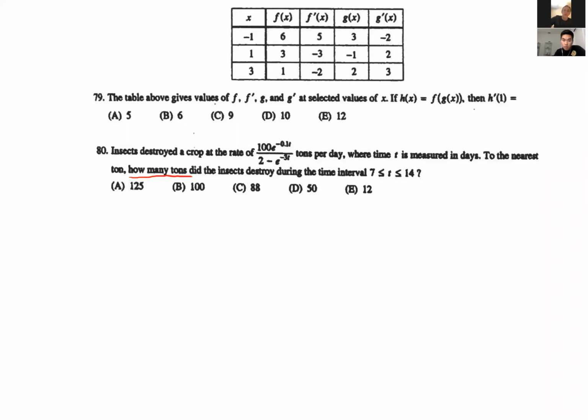So I'm going to undo the rate of change. So this right here is my rate of change. So it's going to be 100 times e to the negative 0.3t.